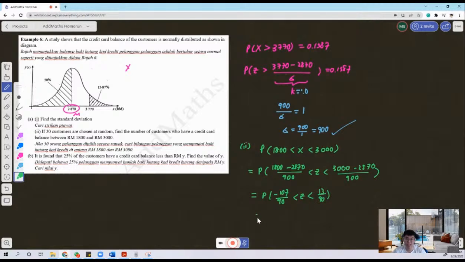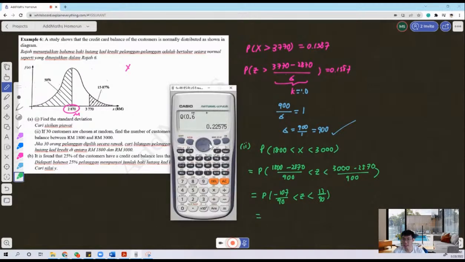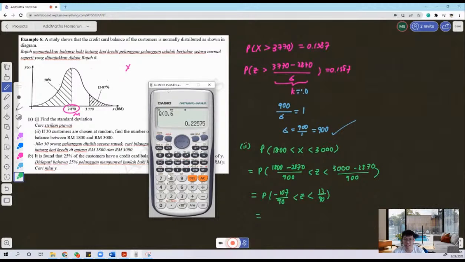So I press the calculator. This time, you can see the calculator, right? I press Shift 1, choose 5 distribution, and then Q because it's in the middle. Negative 107 over 90, close bracket. Actually, I can continue typing plus Shift 1, choose 5 distribution, and choose Q again of 13 over 90.